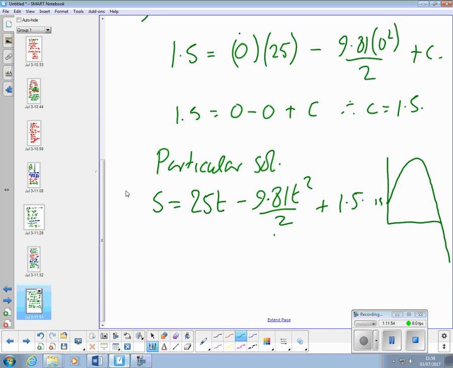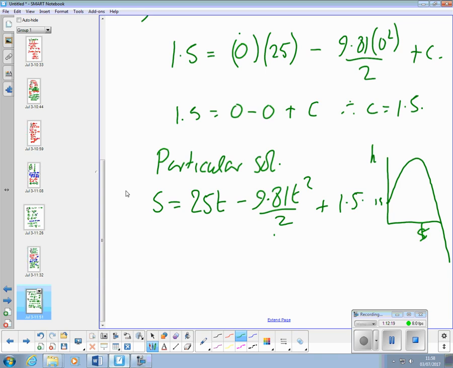Throw a ball up in the air. It's going to come down and hit the floor, yeah? And this is S distance. So that's time. And that's distance or height up and down. Okay?